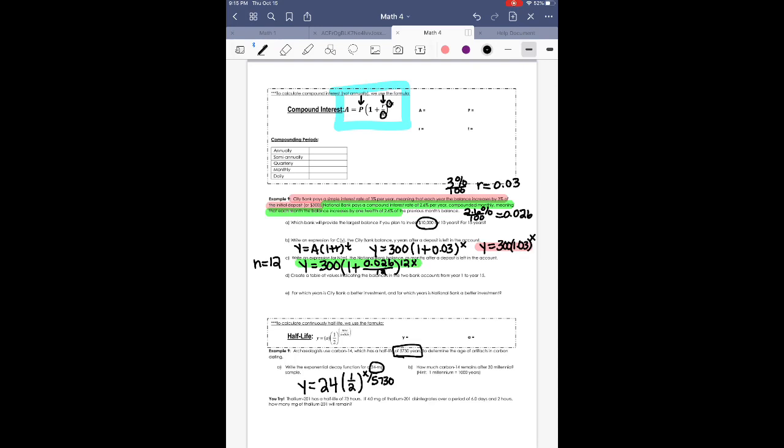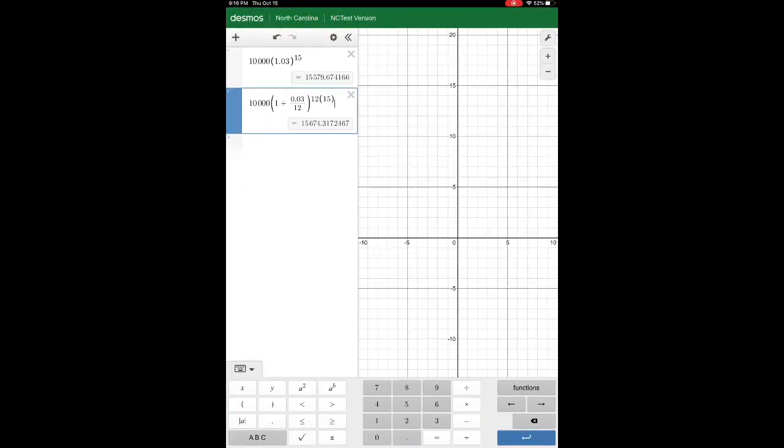So if I ask you for the next one, it says how much carbon-14 would remain after 30 millennia? Well, a millennium is 1,000 years. So we're actually talking about 30,000 years. Okay? So if I could put this in Desmos, I should be able to see that I have 24 and I have 1/2.